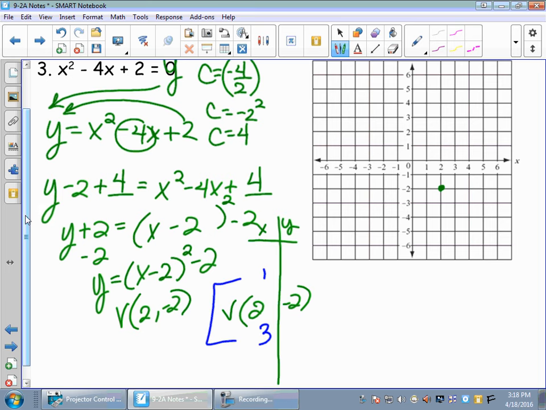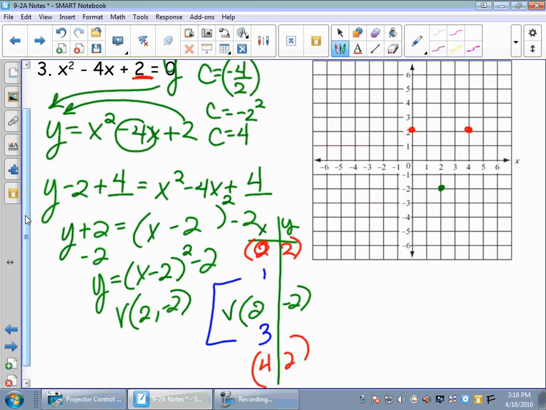And that would be my y-intercept is positive 2. So I'm going to go to 0, 2. And if I have 0, 2, I'm going to be at 4, 2 as well. So that I use this y-intercept right here. 0, 2, 4, 2.